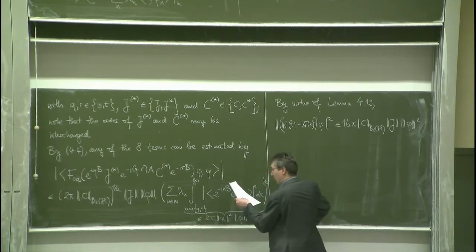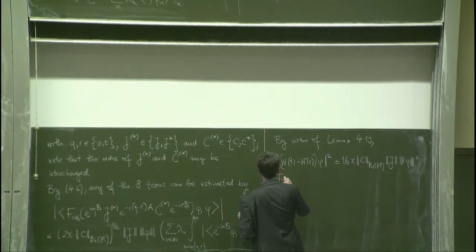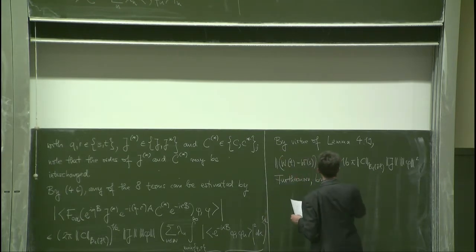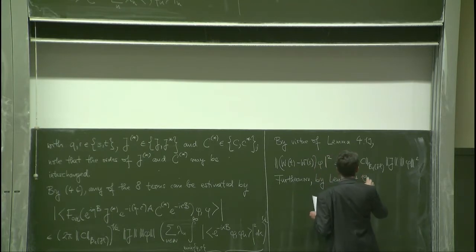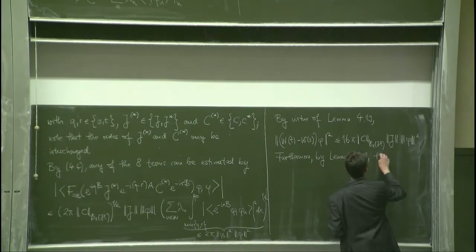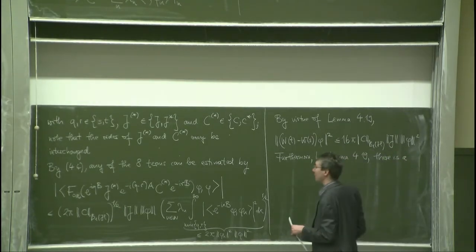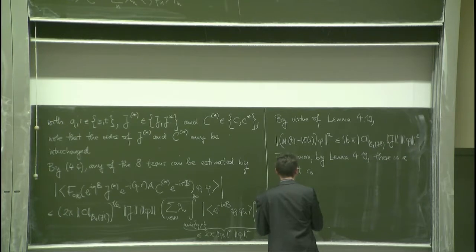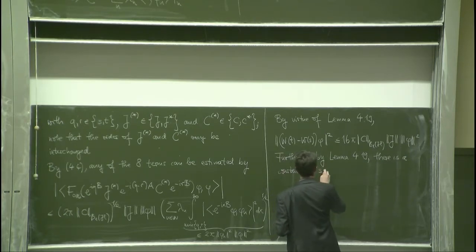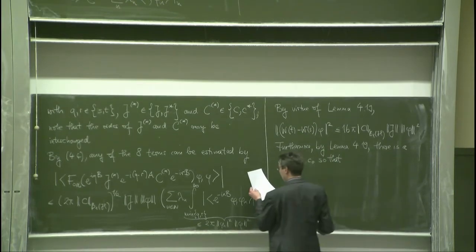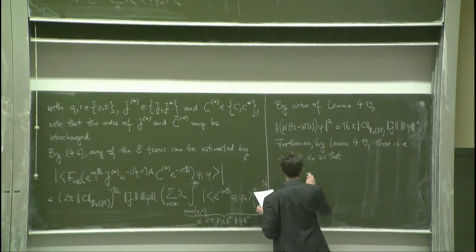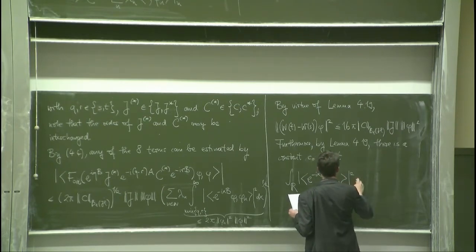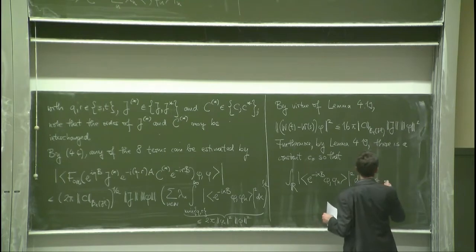Okay. Furthermore, by lemma 4.19, there is a constant C0 so that the integral over R of the absolute value of the scalar product exponential minus IXB phi times phi n to the power of 2 dx can be bounded by C0.